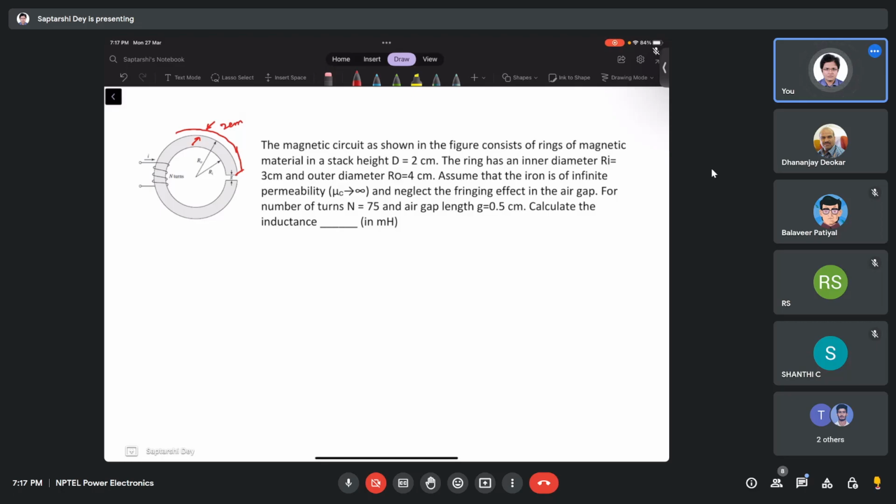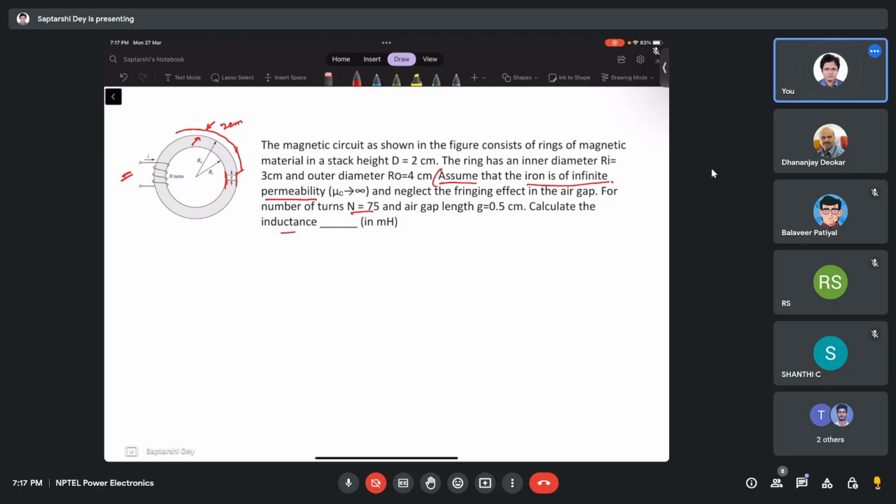So you try to understand, let's know what you need to find. For n equals 75 and this air gap length, calculate the inductance. So you try to understand the significance of this sentence: the iron is of infinite permeability. What does it mean? It means that whatever reluctance this winding sees comes from this air gap only.